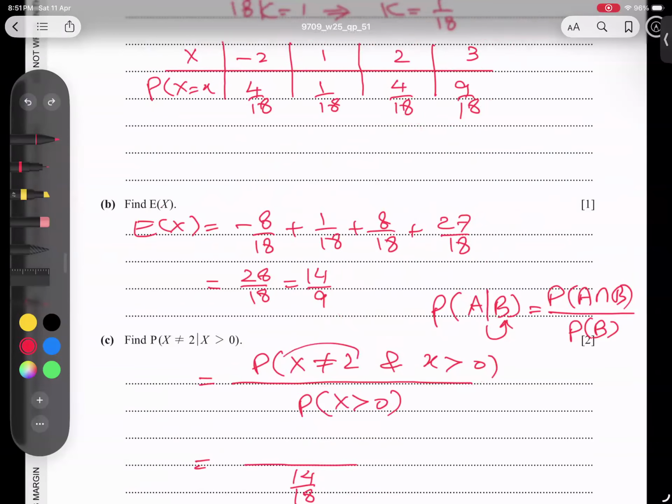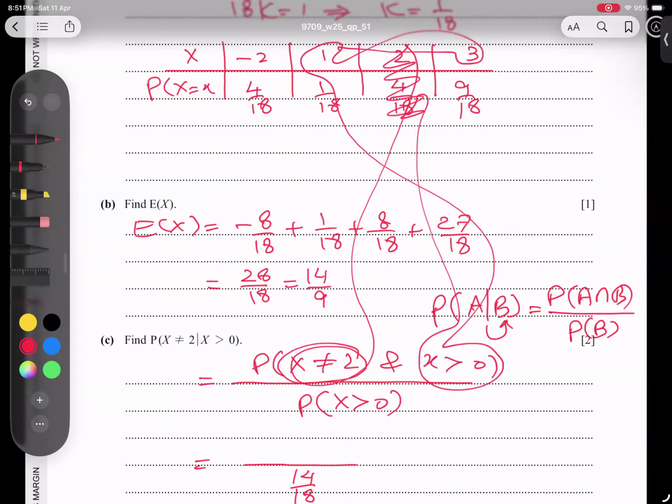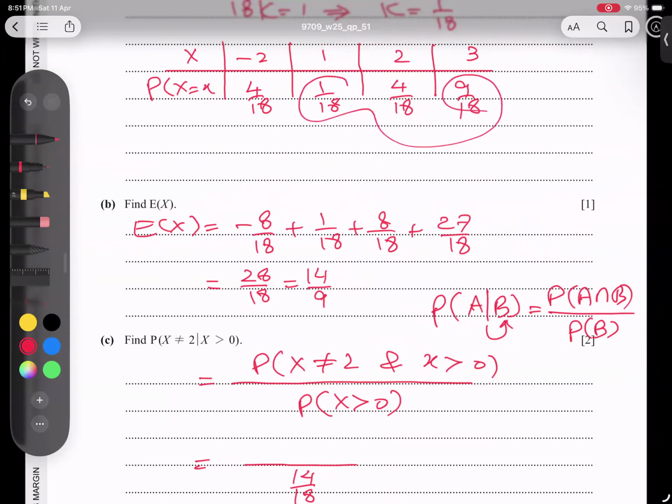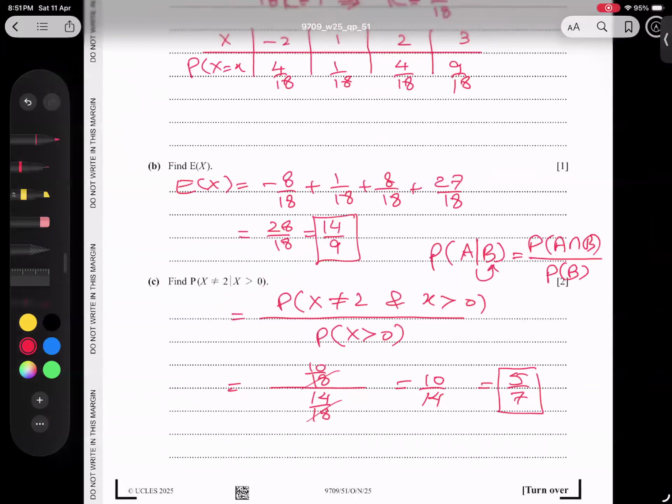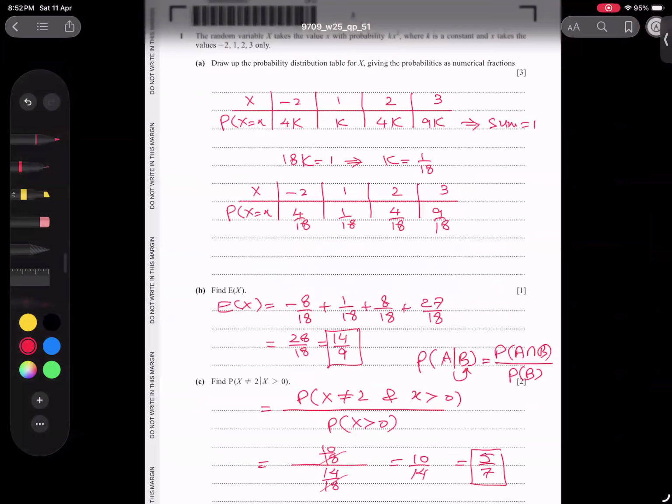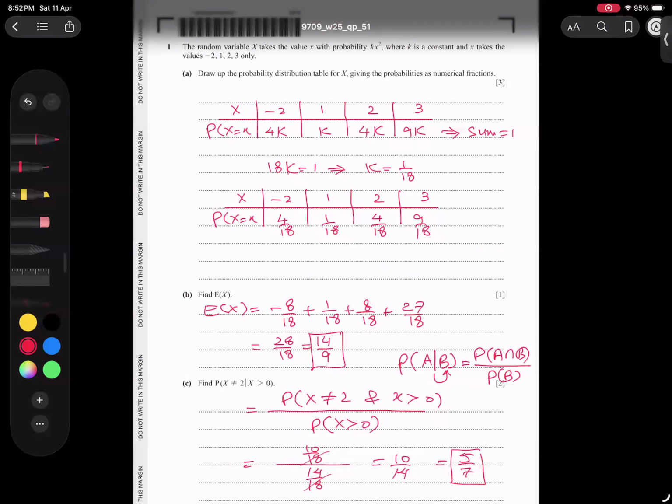Repeat, x is not equal to 2, so this is no more, and x is more than 0, so these two values. So basically these two numbers I'm going to add. 9 plus 1, 10, 10 by 18. And we got 10 over 14, and 2 5 times, 2 7 times. I think the point is very clear and we have done. Question is completely over.